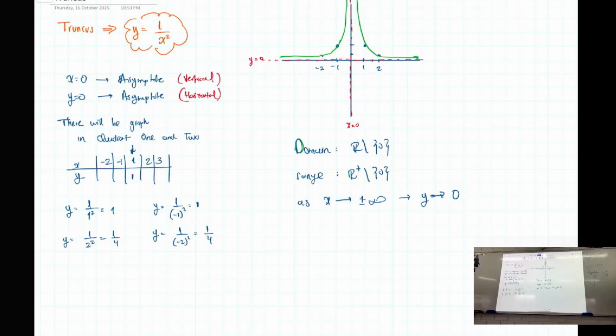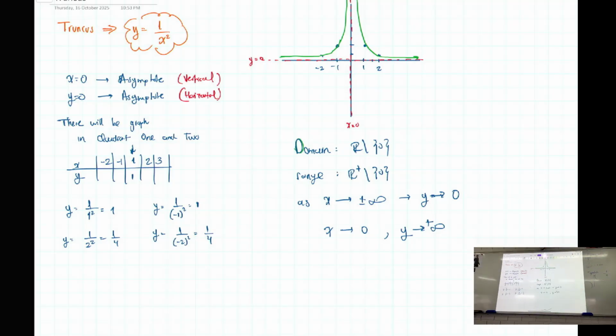But I say 0 on the positive side, right? Because it's not completely 0. And as x approaches 0, y approaches the positive infinity. Does that make sense? It's just the behavior of the graph, that's all.